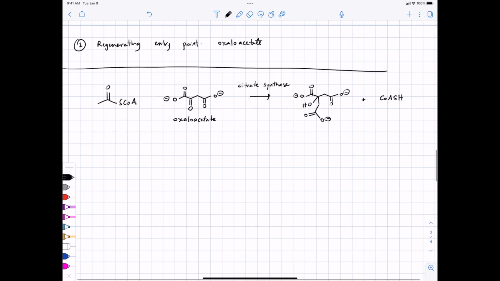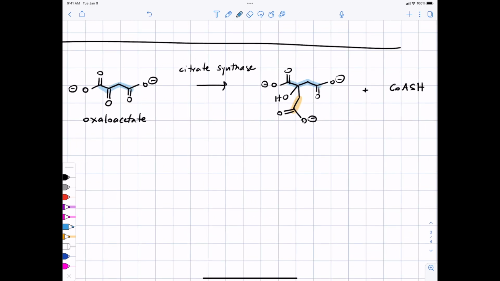Let me show you which carbons end up where. Here are the 2 carbons from acetyl-CoA. Those end up here. Here are the 4 carbons of oxaloacetate. Those end up there. Here is the new bond that we made.